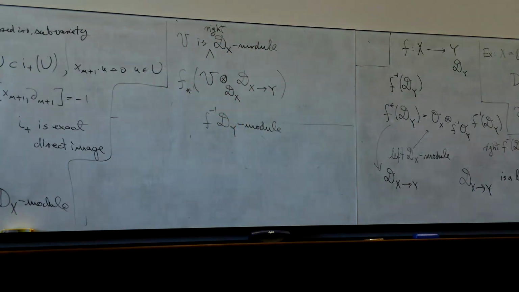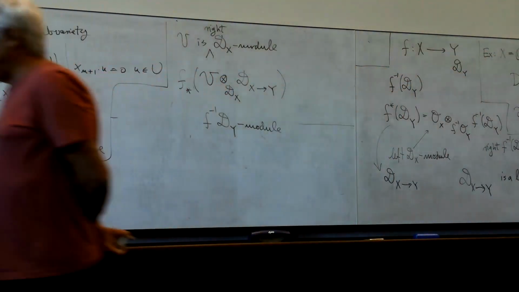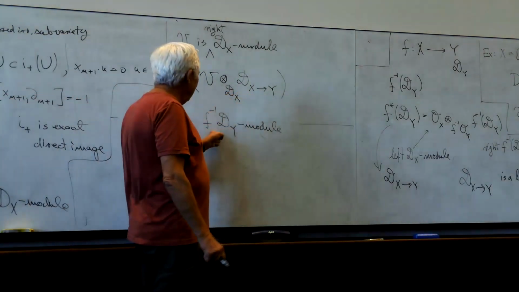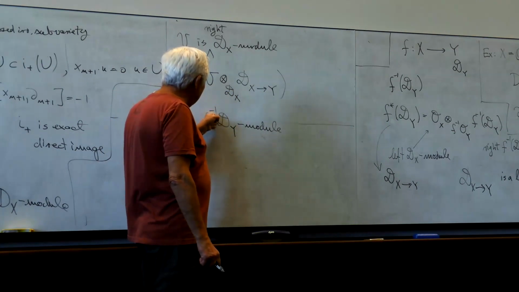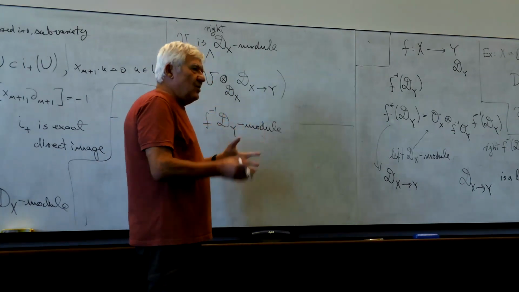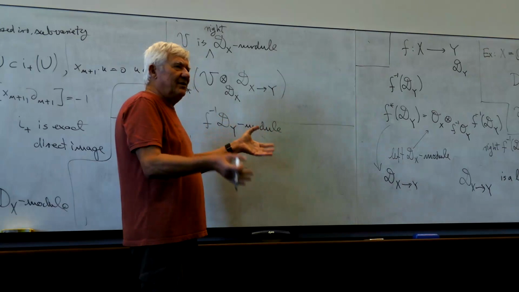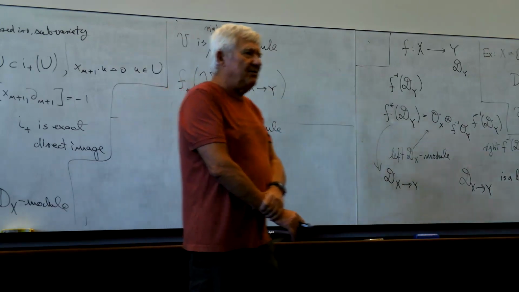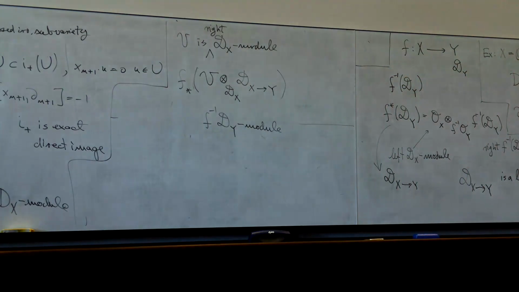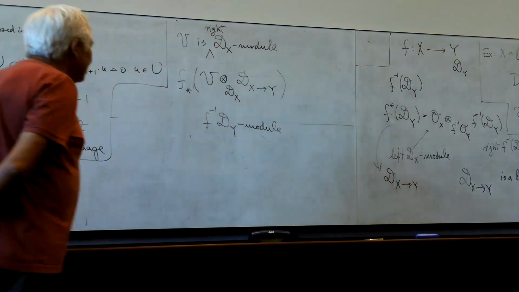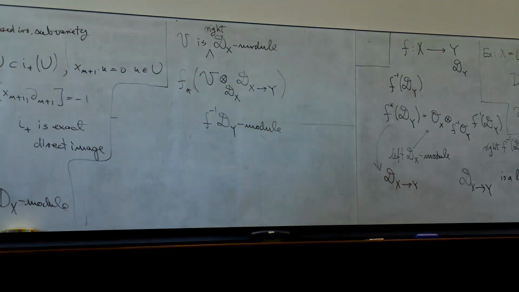Unfortunately, this does not work. I mean, it works, you get a sheaf. But since this has the f inverse D_Y module structure, we have no idea how to talk about this structure. Definitely, we cannot talk about quasi-coherence. It's just a sheaf of algebras. So, for example, if your V is a quasi-coherent D_X module, you apply this functor, you have no idea what you get actually.